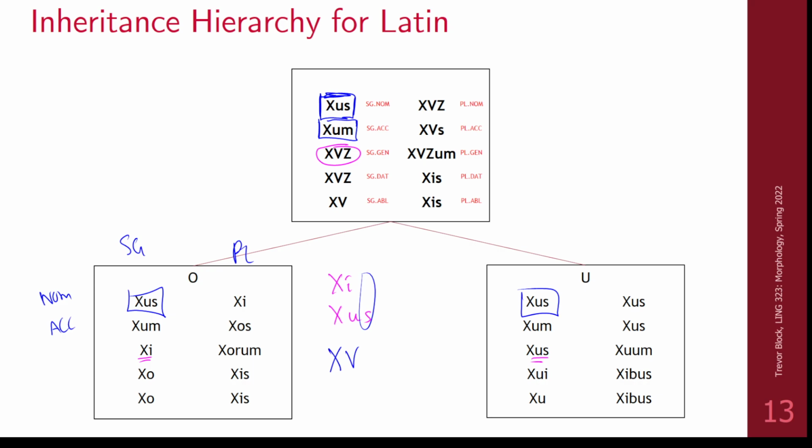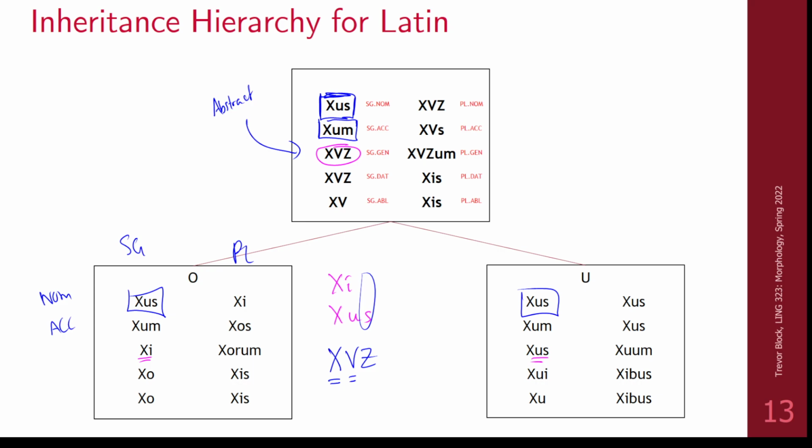So there's something there that could be deleted, so we just use a variable. So what's similar between XI and XUS? Well, there's the root, there's the vowel, and then nothing else is common after. So this is much more abstract because there have been more changes over time. And the further you go up in a hierarchy, if there are way more classes, they become much more abstract.